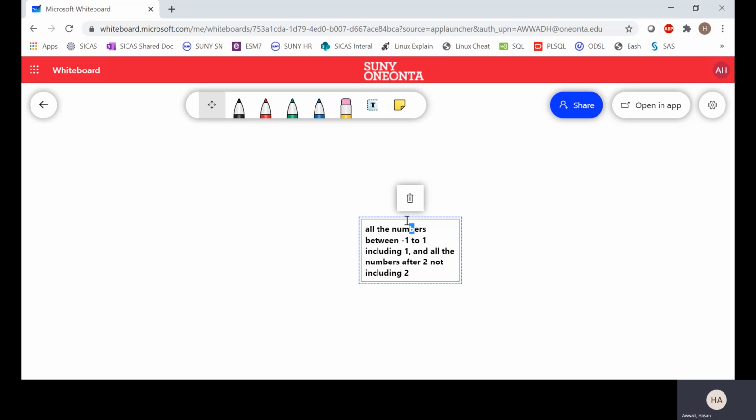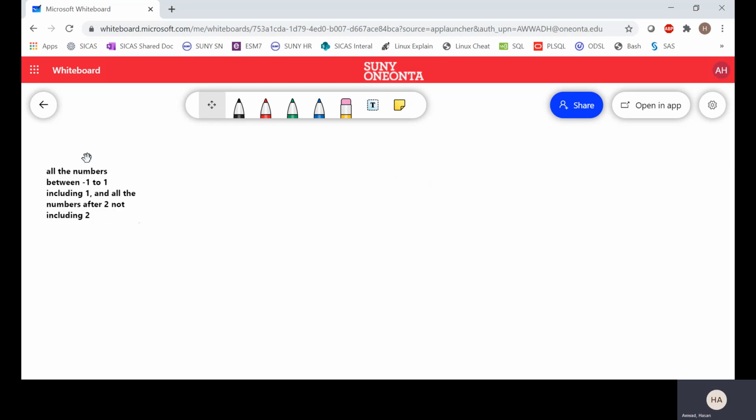I'm going to leave this up on the screen. I'll give you a couple seconds if you want to pause the video to give this a shot and see if you can figure out how to plot this on a real number line. And then we will go over it in just a second.